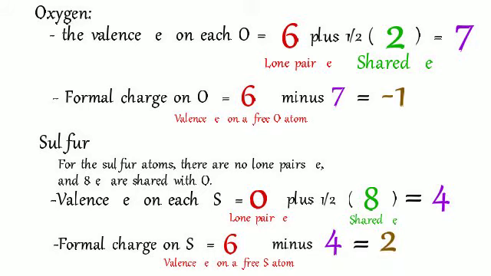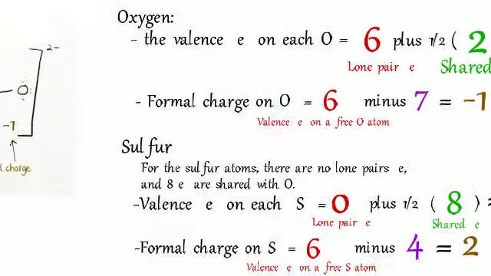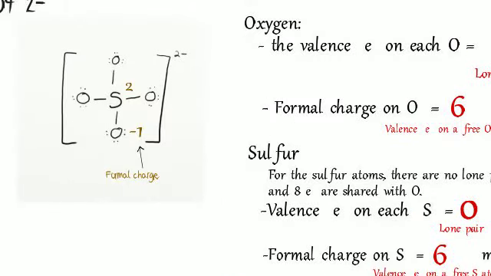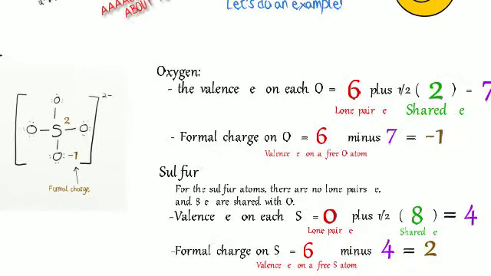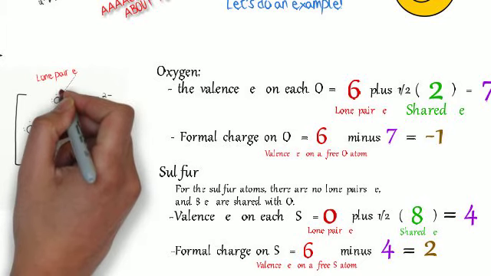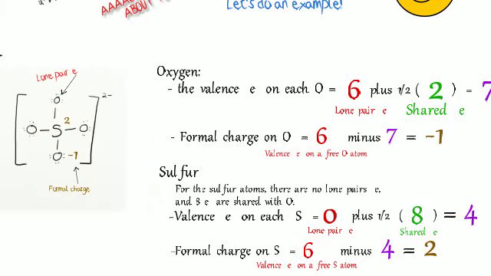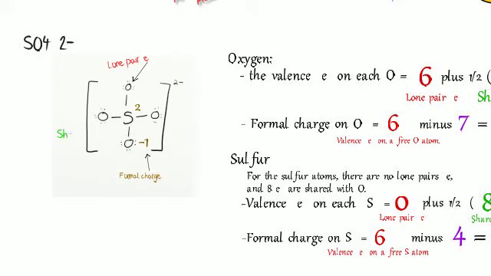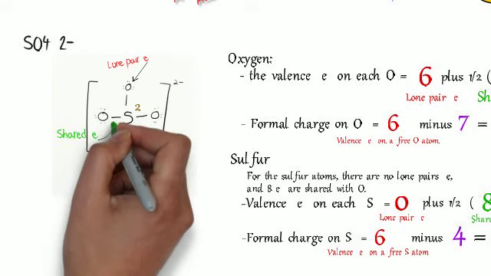This means that the formal charge on sulfur is a 2. Just pointing out, when it's talking about lone pairs of electrons, you can see that they're not shared. And a reminder to all of you that a line on a Lewis structure means it is a shared pair of electrons. That's 2 electrons there in a pair.